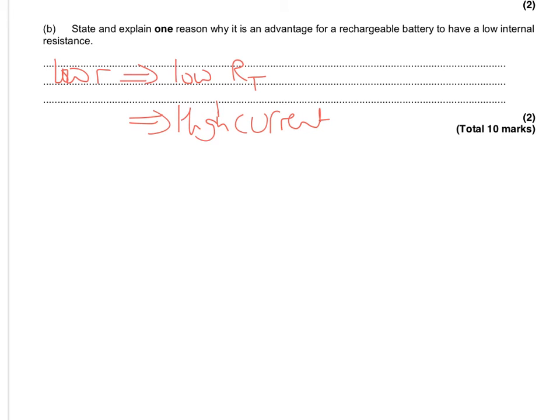And so the advantage of this, so this is explaining it, is that you're going to have faster charging. So if you have a higher current and you need to charge your battery, having a higher current will allow you to charge your battery faster.